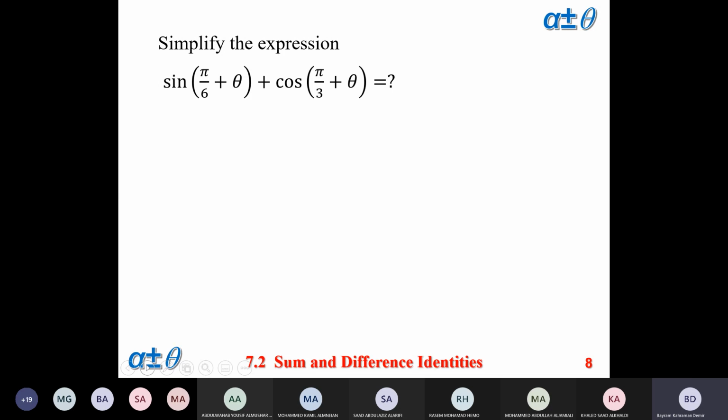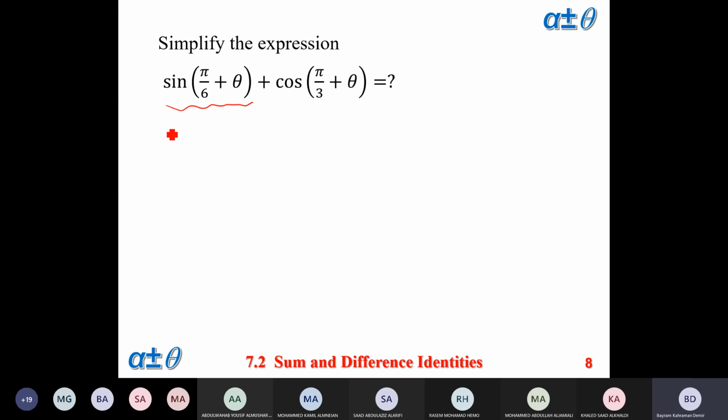Here is one quite nice example from the previous major exam. How do we simplify sine of pi over 6 plus theta plus cosine of pi over 3 plus theta? Now let's remember the sine formula, Shabab. Sine of A plus B formula.